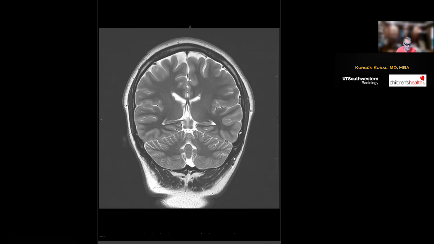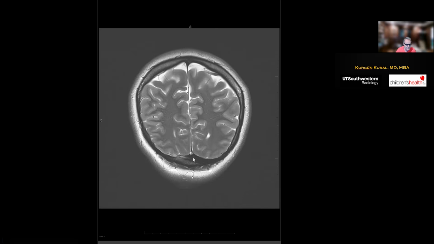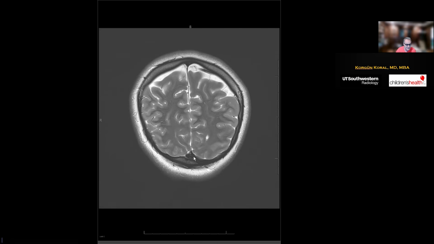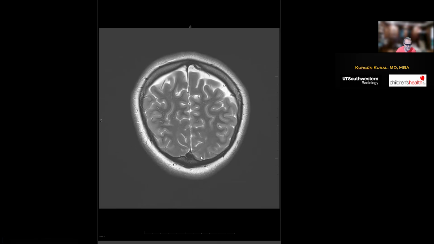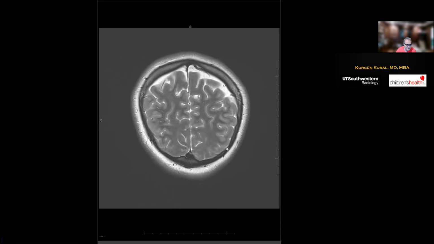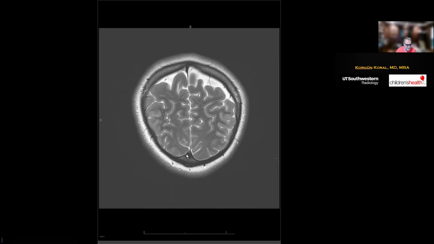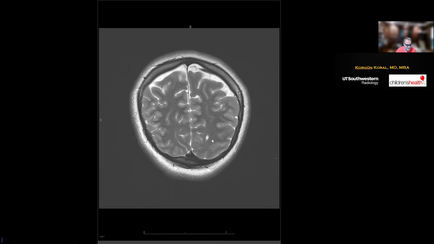We see the signal void of the left transverse sinus, which is the dominant side, and as we come posteriorly, we see normal flow throughout, but we don't see any sinus on the other side on the conventional images. So the sinuses are rarely symmetrical. Usually one side is larger, dominant, than the other side. In this case, the right side of the dural venous sinus was either markedly hypoplastic or absent.